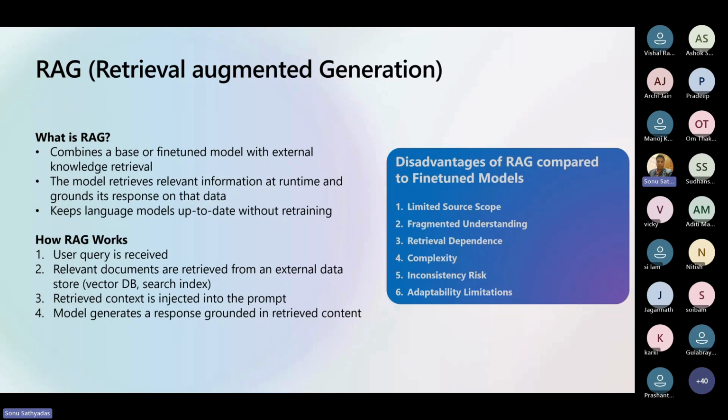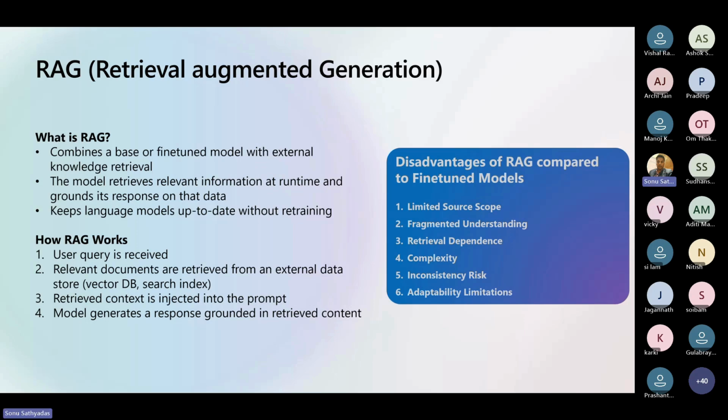Or you can fine tune a model, meaning you can take a base model, retrain the model with your own custom data and generate the responses based on the retrained model.